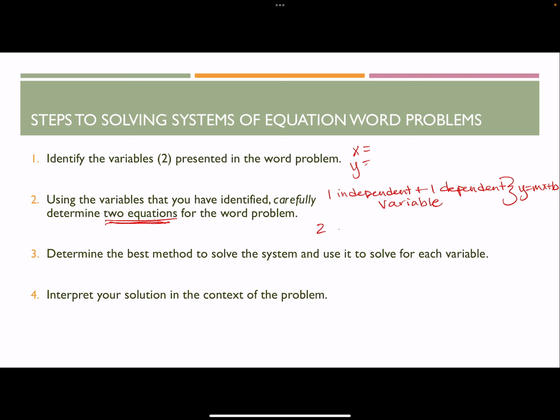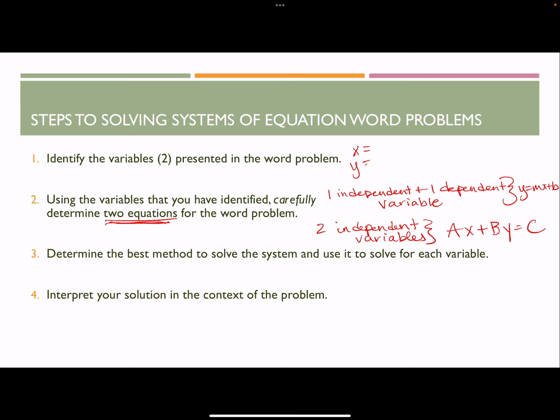On the other hand, if you have two independent variables, in other words, two variables that don't affect each other, then you're going to use ax plus by equals c to write your two equations. So that's just a quick reminder.